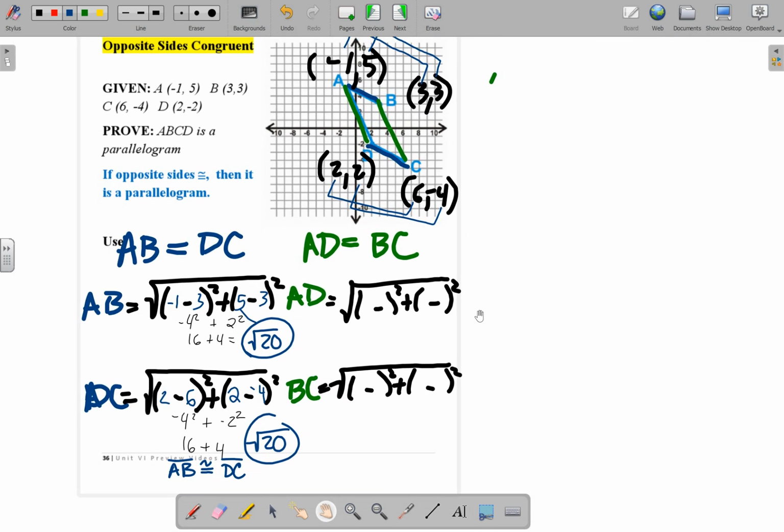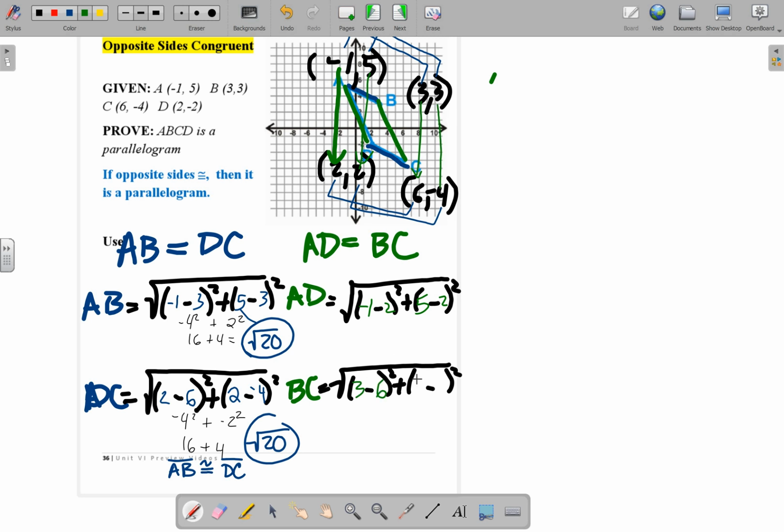Right-hand side, I like to physically connect, so we're going to go touching the negative 1 going to 2. It's negative 1 and 2. Connect the 5 to the 2. BC, let's connect the 6 to the 3, or 3 to 6, excuse me, stay consistent.